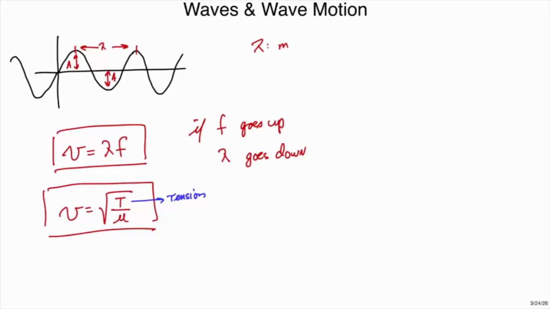This is probably where it's better to label tension as F sub T or something like that, so you know it's the force of tension. This mu right here is the mass per unit length of the string. So a chain has a really big mass per unit length, and twine or simple thread has a very small mass per unit length. Literally, you can just take a meter of rope, get its mass, divide by a meter, and you know its mass per unit length.